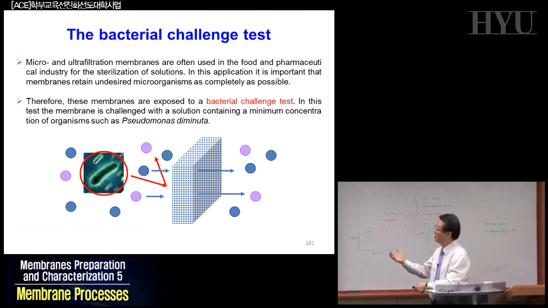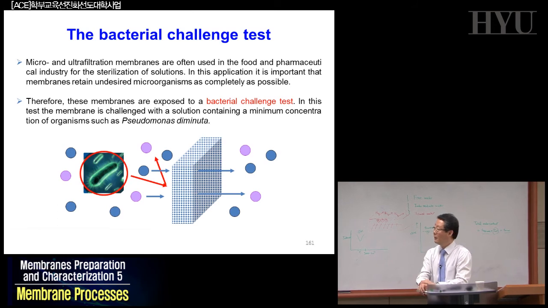After some time, they remove the membrane and see what happened. Whether the bacteria can eat the membrane or not is the bacterial challenge test. This test is important, particularly for water applications. Bacteria can eat particular polymers, and after some time you may have a lot of trouble because of these bacteria.